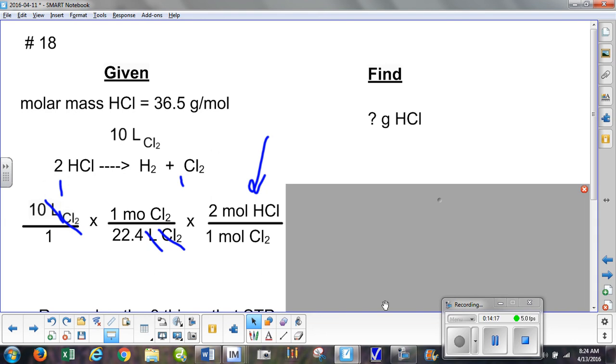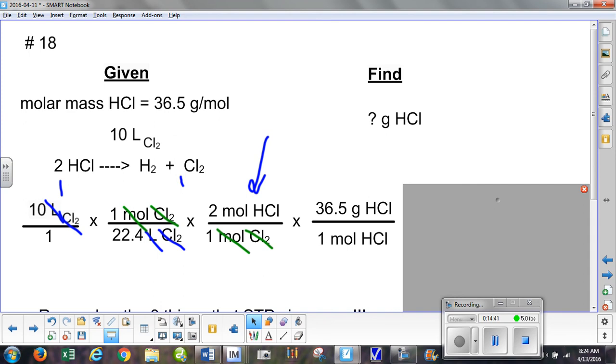Again, I'm going to cross out the moles, but I'm also getting rid of chlorine as the substance. And now, there's the molar mass, right? Where did I get the molar mass?